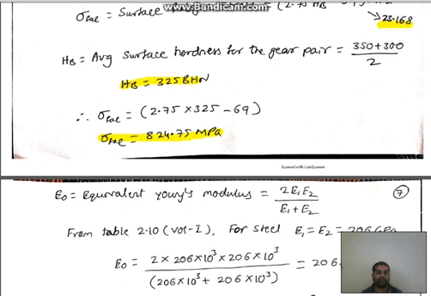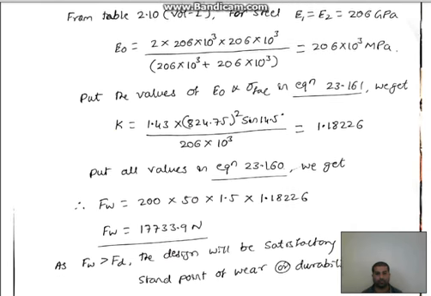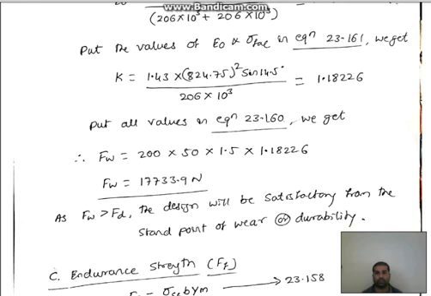where E0 is the equivalent Young's modulus. For the steel, we know the Young's modulus is 206 GPa. If you take 210 GPa, no problem. Calculate equivalent Young's modulus. Put all the values in the equation number 23.16.